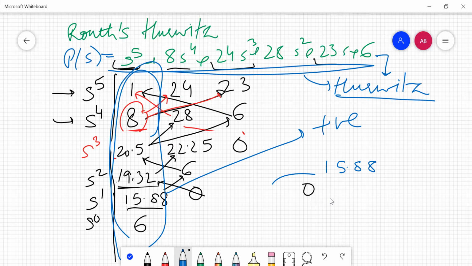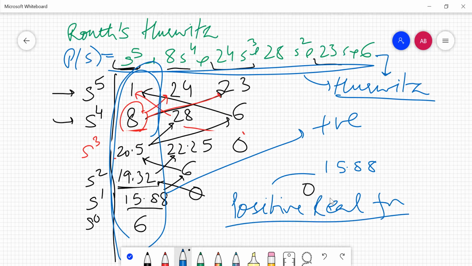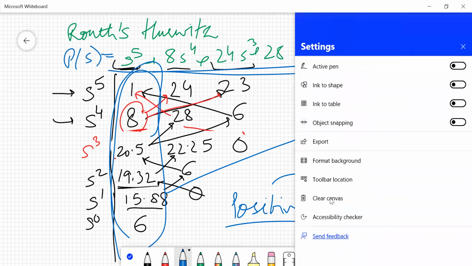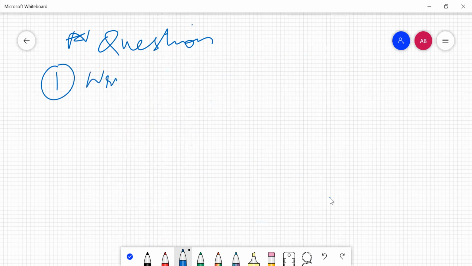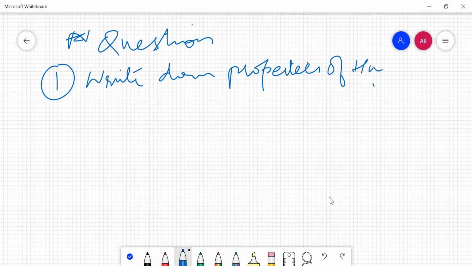So now in the next lecture, we are going to go for the properties of positive real functions. One more thing is that you all need to remember all the properties, 6 to 7 properties that we just discussed of your Hurwitz polynomial, because the questions that you get on Hurwitz polynomial, the first one is the theoretical one, in which you need to write down the properties of a polynomial to be Hurwitz.